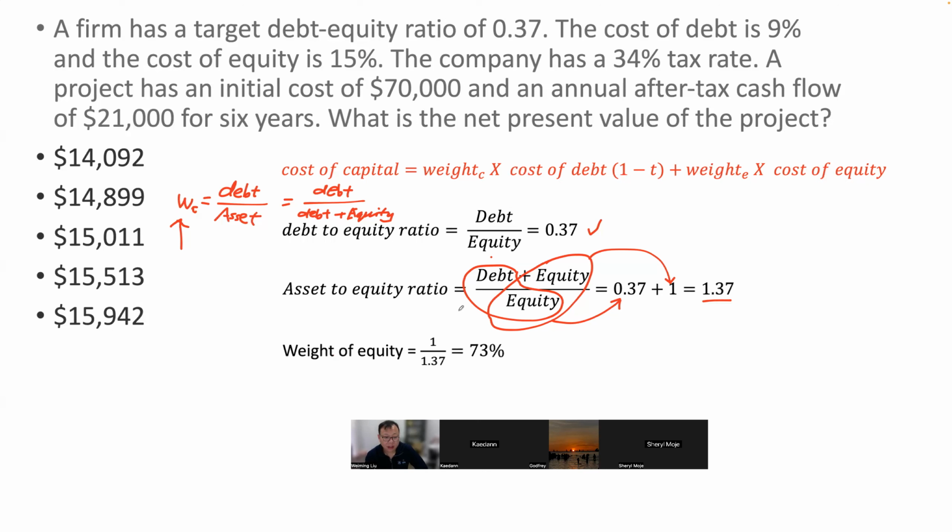When I flip the asset to equity ratio, that would be the weight of the equity: equity divided by debt plus equity. So that is 1 divided by 1.37, which equals 73%. And now the weight of debt will be the remainder, which is 27%. Does this make sense? Give me a thumbs up if you understand how I was calculating the weight.